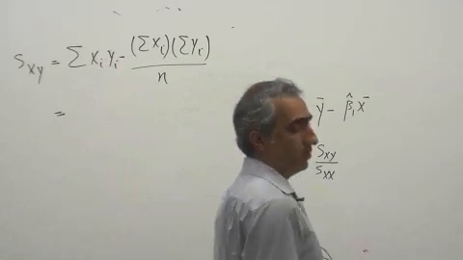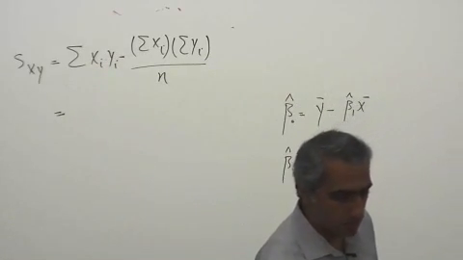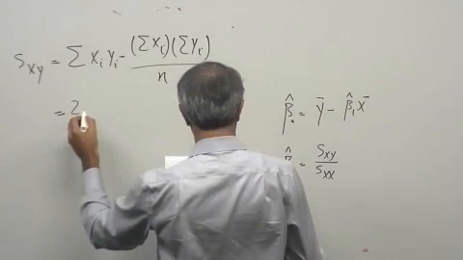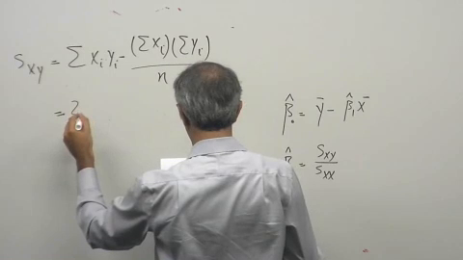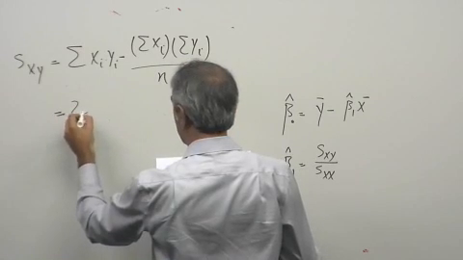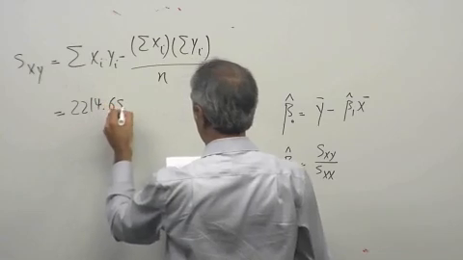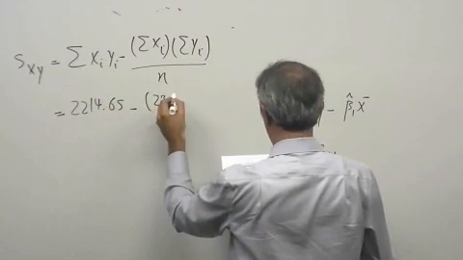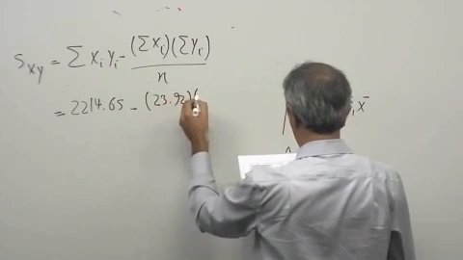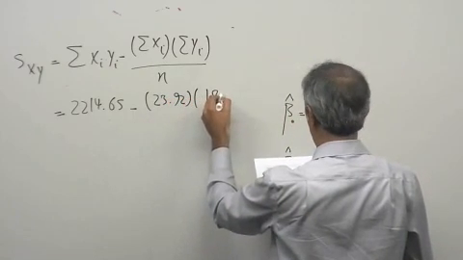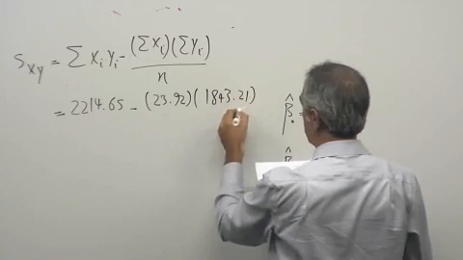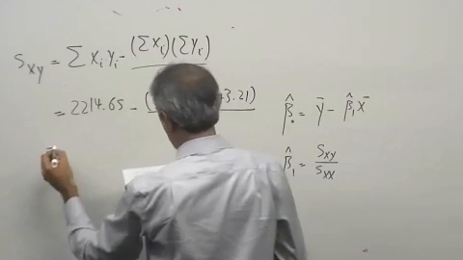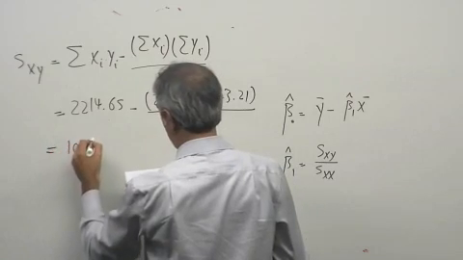Summation of xi yi is here. It's 2000 something. 2214.65 minus 23.92 times 1843.21 divided by n, which is 20. In this case, Sxy would be 10.17.